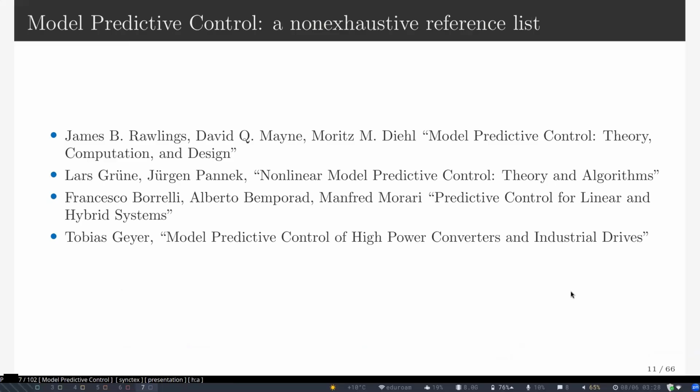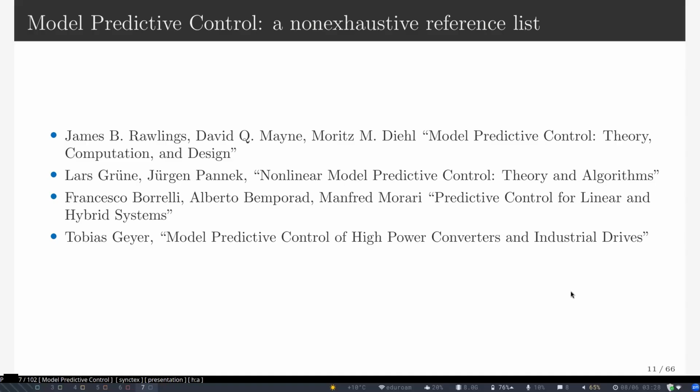If anyone is interested, these are a bunch of references that you might consult. Probably the best book on it is the third or fourth edition of it. It used to be a book by Rawlings and Mayne, but then Diehl joined in the last edition, just before David Mayne passed away. It's for general model predictive control issues. Lars Grüne and Jürgen Pannek have a nonlinear model predictive control book. It's a bit more technical.